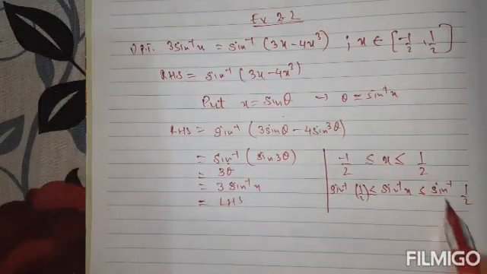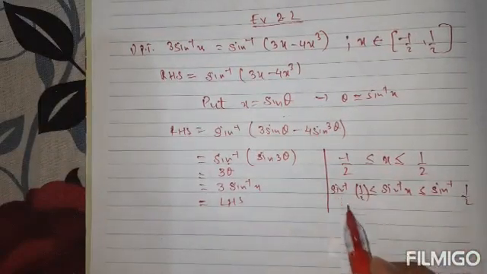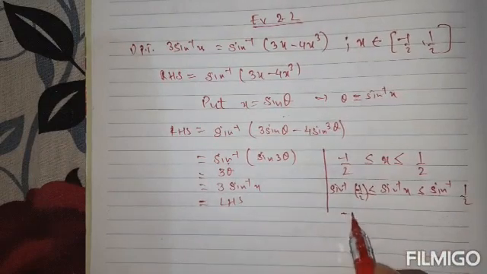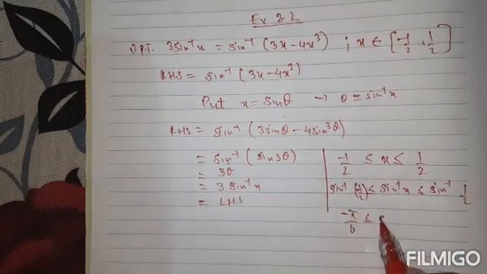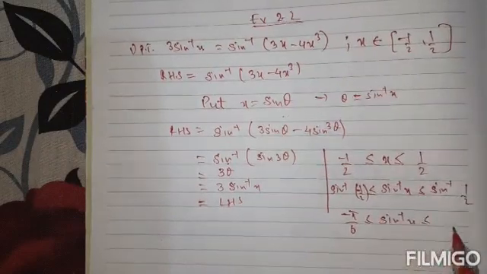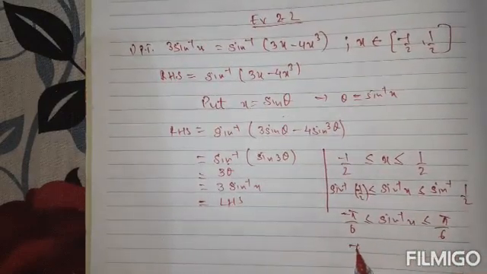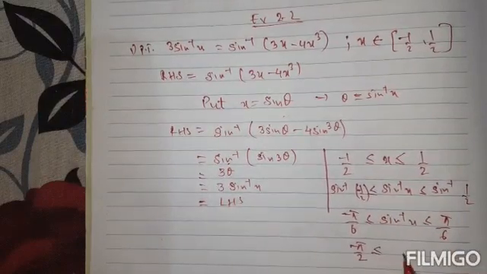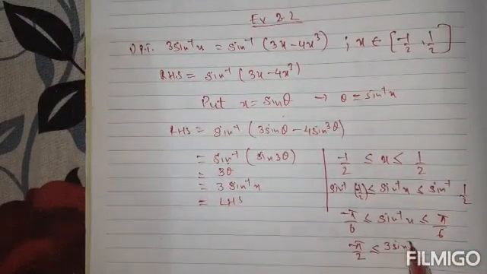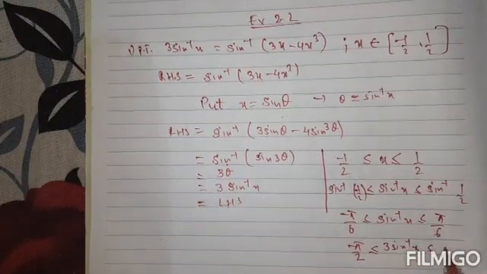We know that sine inverse 1 by 2 is pi by 6, so this becomes minus pi by 6 less than or equal to sine inverse x less than or equal to pi by 6. And multiplying by 3 gives minus pi by 2 less than or equal to 3 sine inverse x less than or equal to pi by 2.